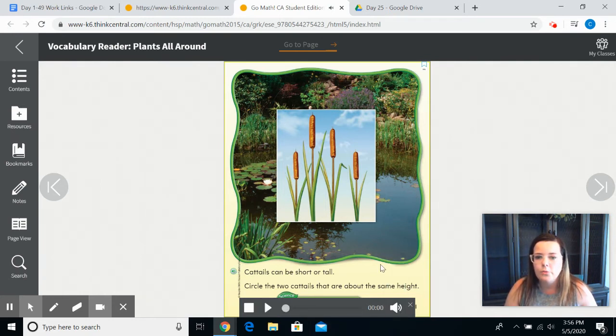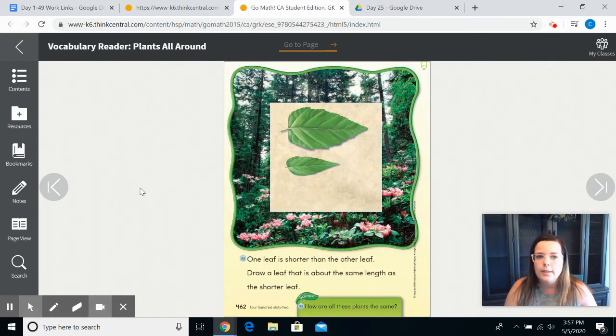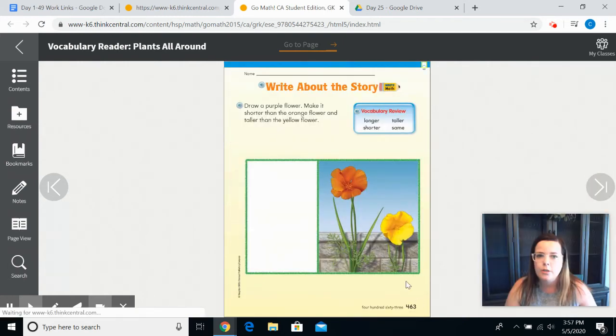So looking at the picture of which one are the same height, go ahead and circle those two. Next page. So right under here, you're going to draw your leaf that's the same as the shorter leaf. Next page.